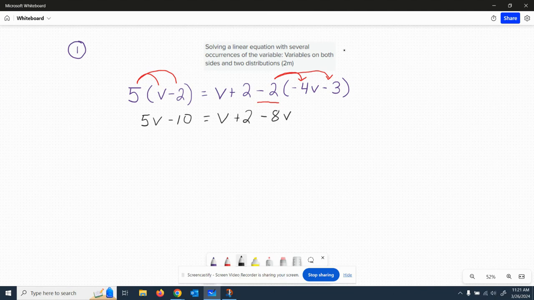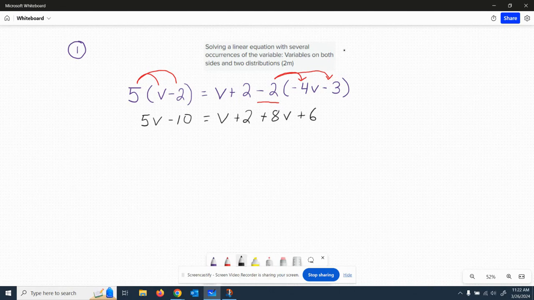Negative 2 times negative 3, I'm sorry, that was a plus. I hope you caught that and thought, oh, Mr. Martis missed that. Negative 2 times negative 3 is plus 6. You got to be careful on the signs. You saw what I did. I just got going fast right there, and I forgot. Negative 2 times negative 4 is negative 8v. Negative 2 times negative is positive 6.